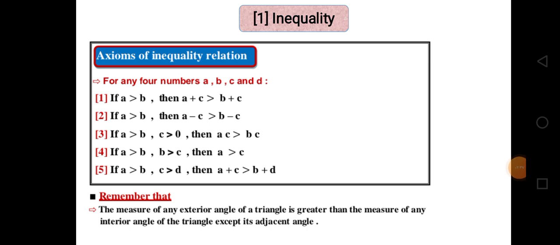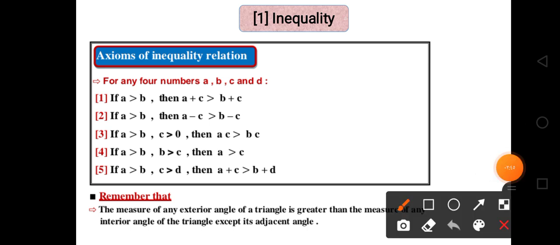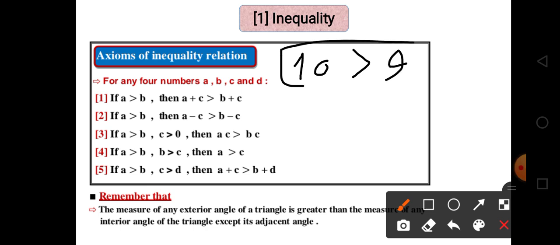If A greater than B and C greater than D, then A plus C greater than B plus D. For example, 10 greater than 9. Okay. And 8 greater than 4.